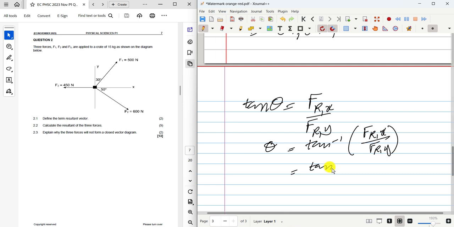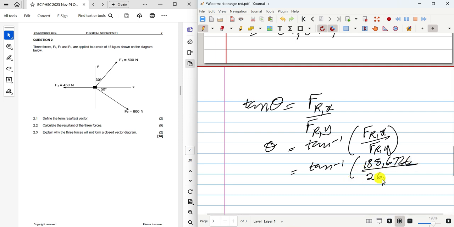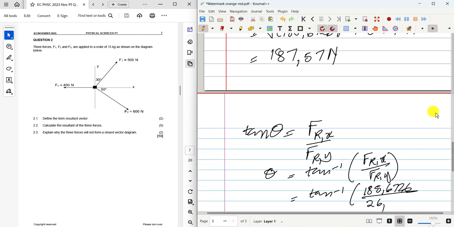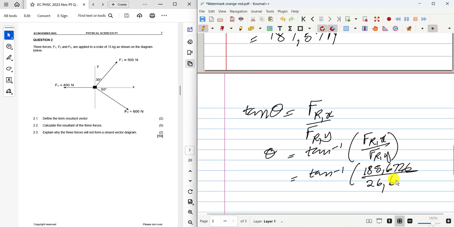This is tan inverse of 185.6726 over 26.6140. Let's see now.